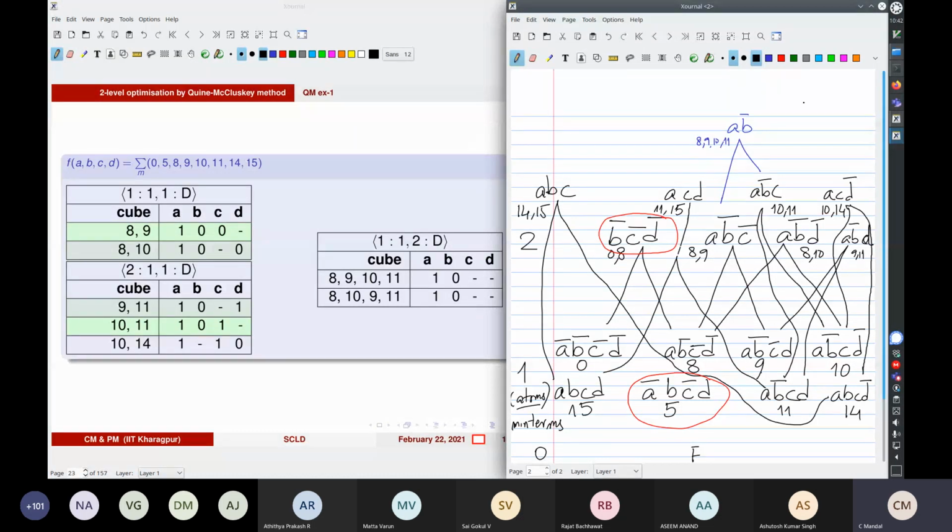So you can see that these two, 8, 10 and 9, 11, are giving rise to the same cube.